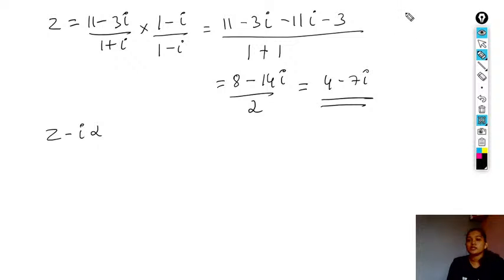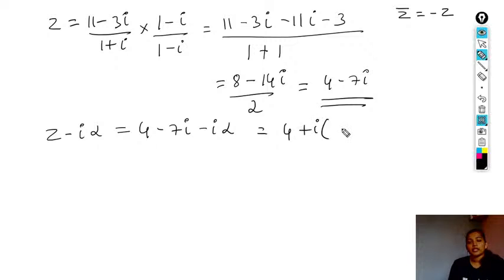When a complex number is purely imaginary, the z conjugate will be equal to negative times z. First of all, let's get this value for z minus iota alpha, students. This will be 4 minus 7 times iota minus iota times alpha. So this will be 4 plus iota into minus 7 minus alpha.